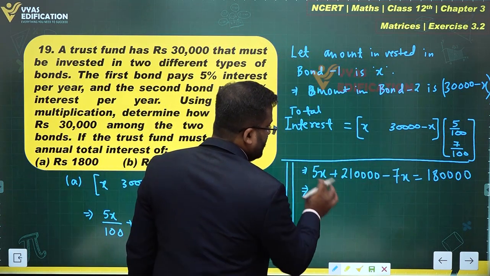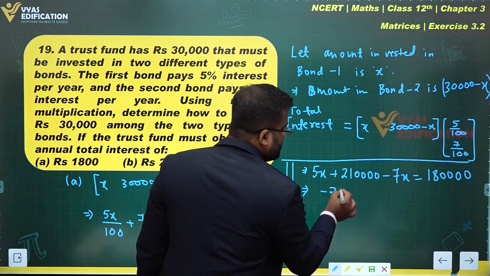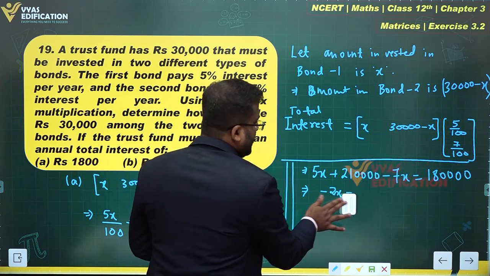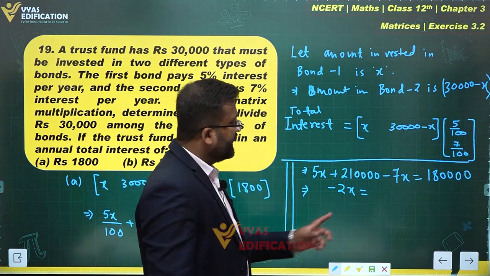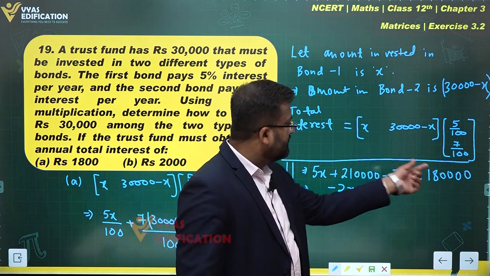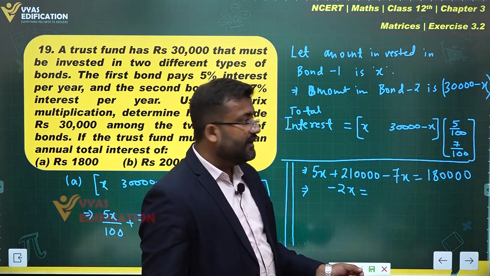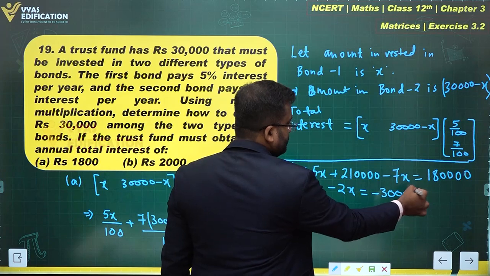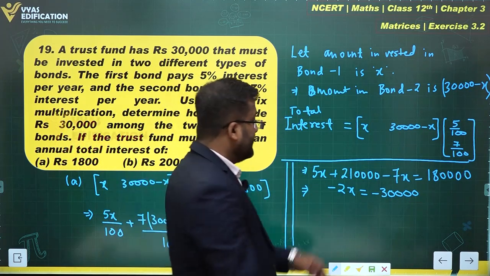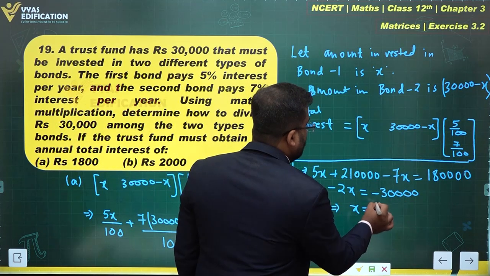You observe that 5x minus 7x is minus 2x on the LHS. In the RHS, what you get is 1,80,000 minus 2,10,000. What is that? Minus 30,000. This is minus 30,000, and therefore x is equal to 15,000.